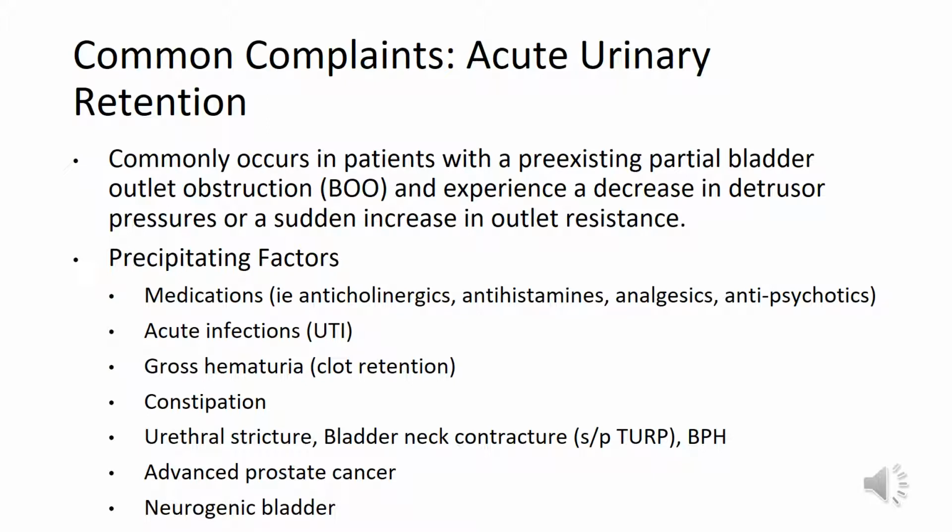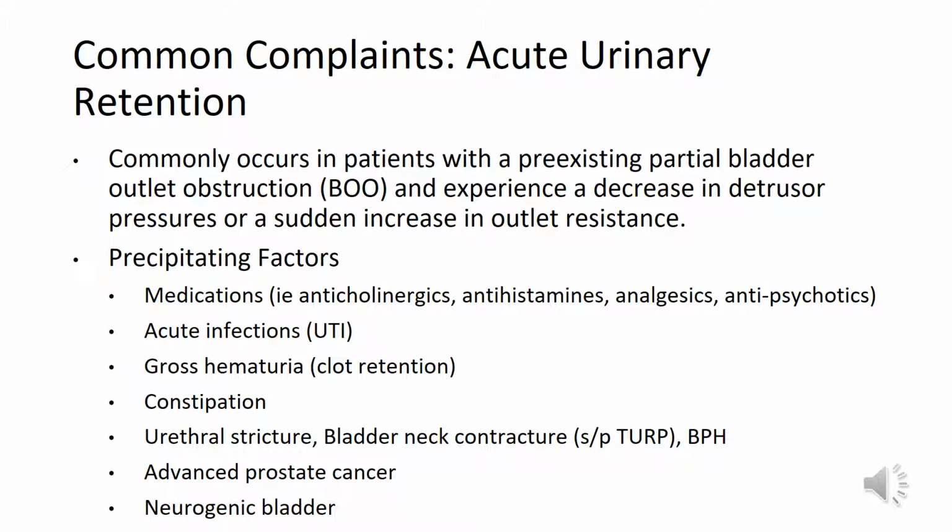Precipitating factors for acute urinary retention include medications such as anticholinergics, antihistamines, analgesics, and antipsychotics, acute infection such as the urinary tract infection, gross hematuria. These patients are coming in with clot retention, so they have so much blood in their bladder that they're not able to pee because it forms into a clot. Constipation, remember as we discussed, if you're not pooping, then you're not peeing as well.